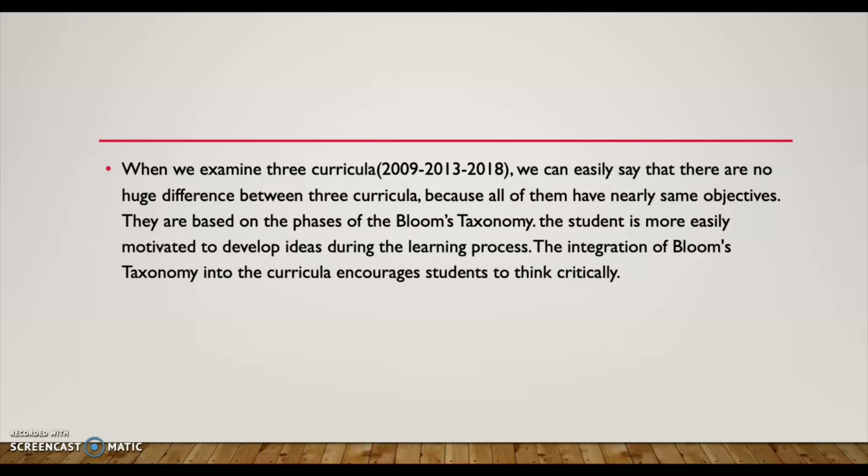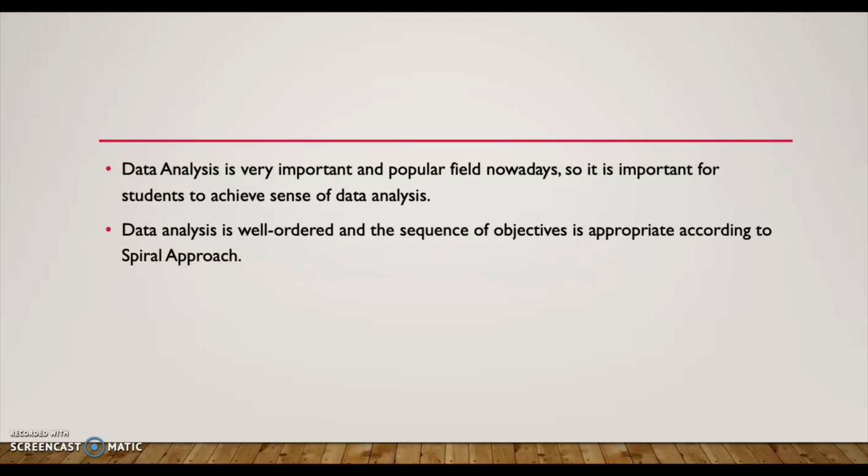Data analysis is a very important and popular field nowadays, so it is important for students to achieve a sense of data analysis. When I look at the curriculum, I realize that the objectives are separated according to students' cognitive level. In fifth grade, students learn formulating questions and showing one sort of data in a chart. In sixth grade, students compare two different data sets and learn some abstract terms such as mean.